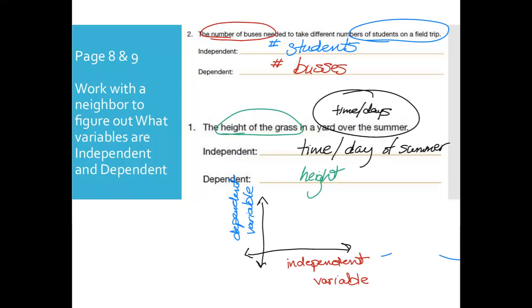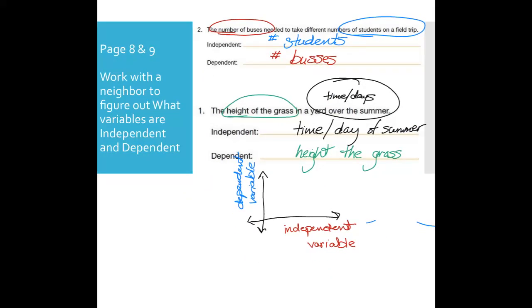But I could see where this could go a little bit the other way, because grass just grows independently too. It doesn't care what day it is, right? Okay. I'm going to go with that one. There won't be one like that on the test, I promise. It won't be that vague.